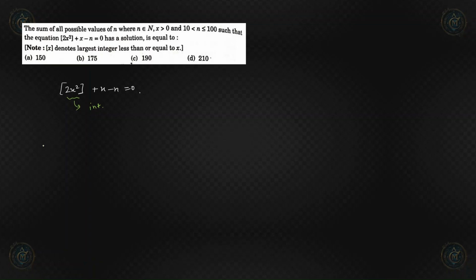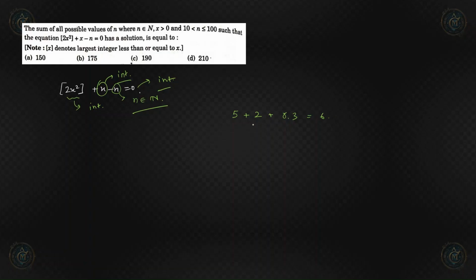So this thing is an integer, n is an integer, n belongs to natural numbers, and 0 is an integer, so x also must be some integer, because we cannot have this situation. Let's say we sum two integers, 5 plus 2, and then we add some fraction, let's say 0.3, and we are getting some integer, let's say 6. We cannot have this situation, right? 5 plus 2 is an integer, but this is a fraction.